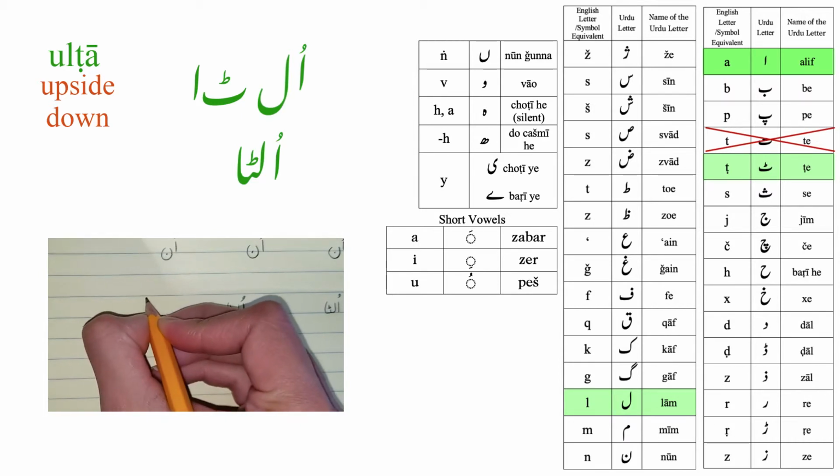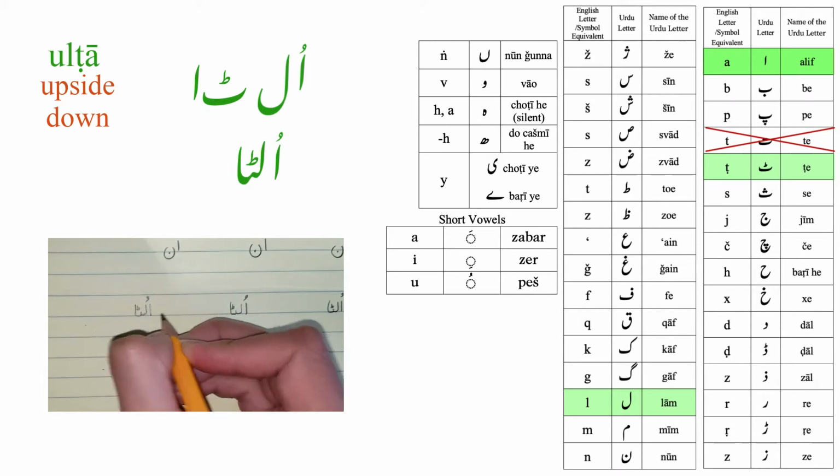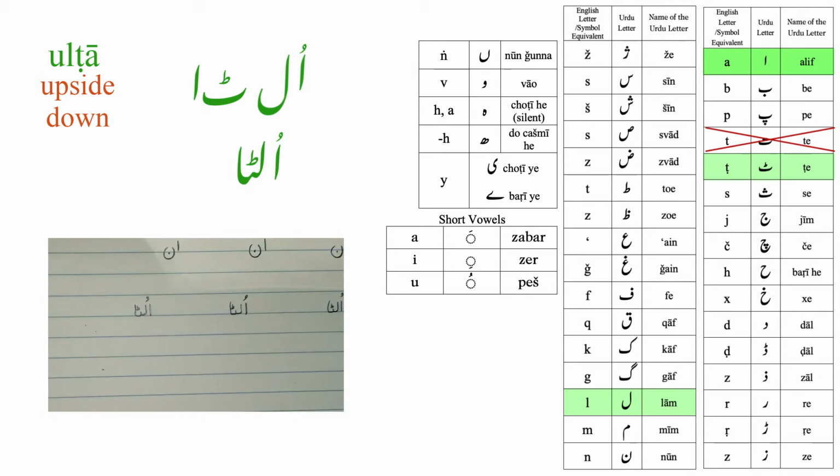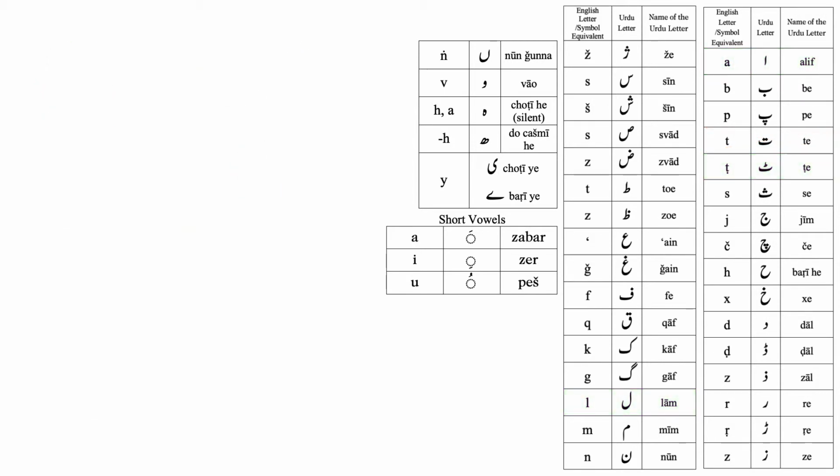There's one more symbol that I thought I'd include in this lesson because there really isn't another place for it. The other symbol that I want to introduce is called tashdid. Again, it's not a short vowel symbol. This symbol is used to pronounce a certain consonant twice.